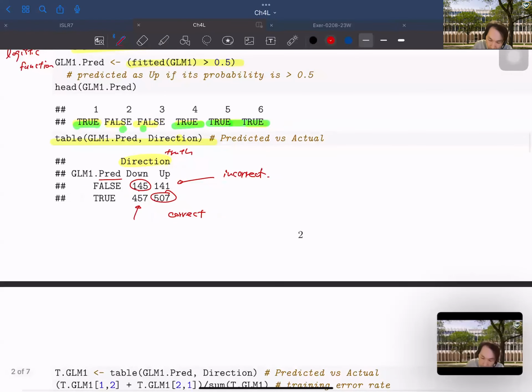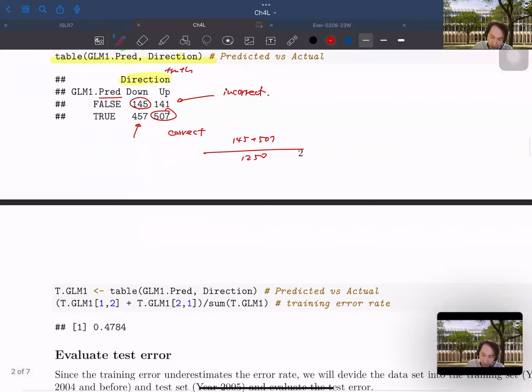So basically, we have 145 plus 507 correct over the total of 1,250. So the correct proportion is 52.2%.